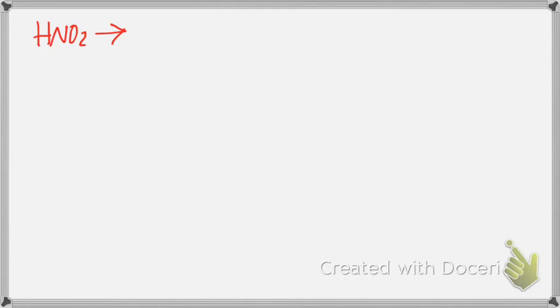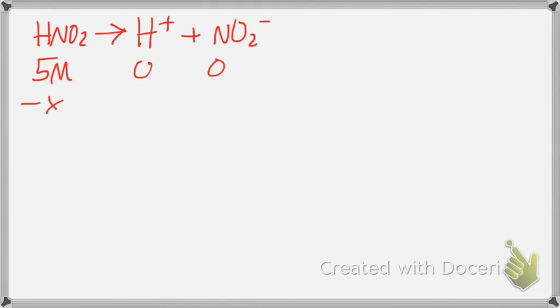Okay, HNO2 goes to H plus plus NO2 minus. So we're going to have 5 molar, which is a really large concentration, then 0, 0, minus x. Remember when we were doing Ksp, we didn't even have to keep doing the ICE tables.